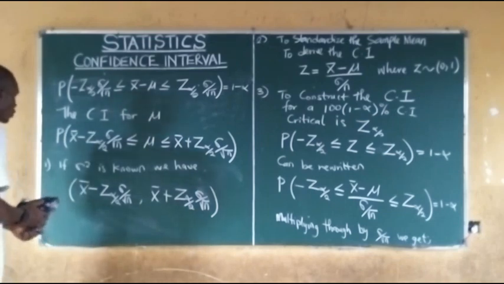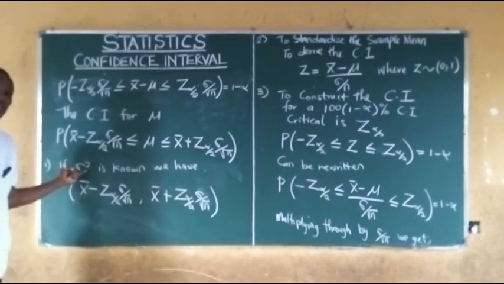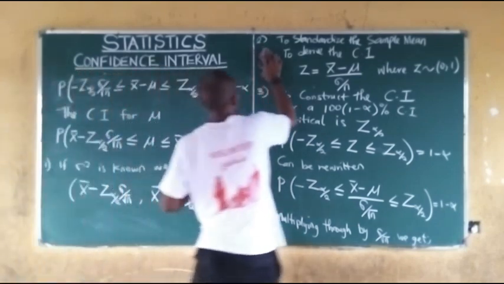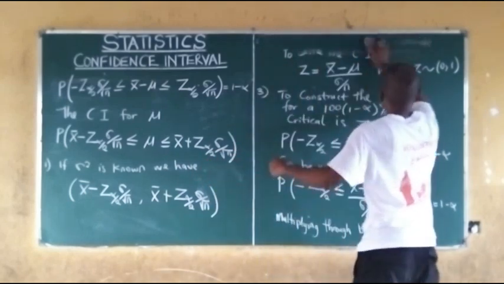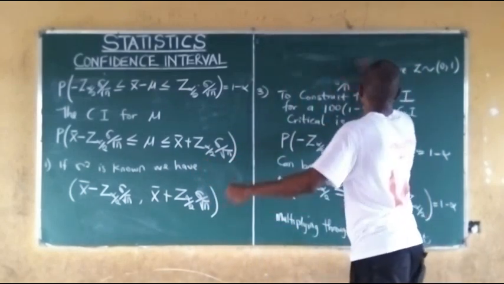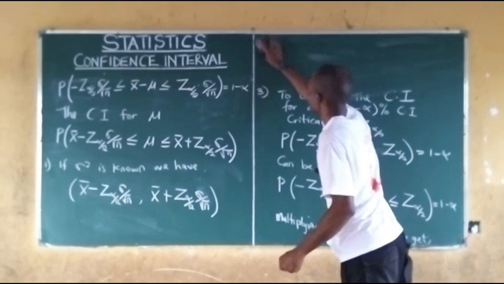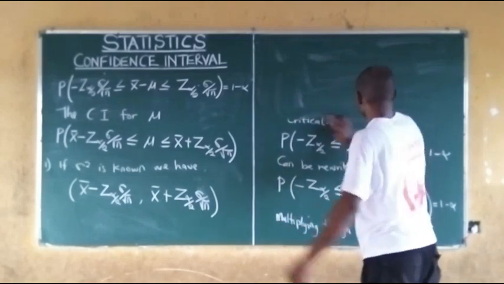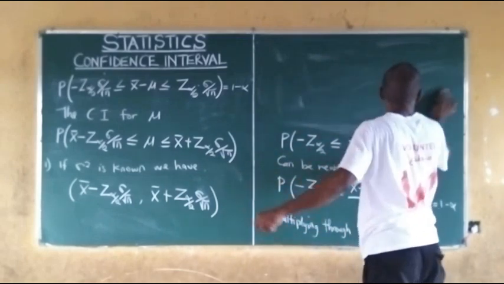More so, if sigma squared is not known, it means we need to translate what we have to the t distribution.